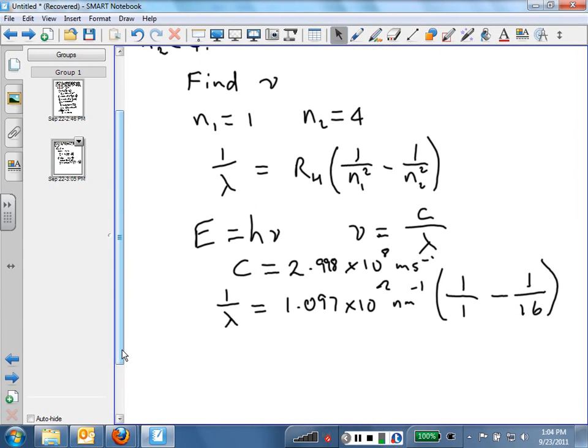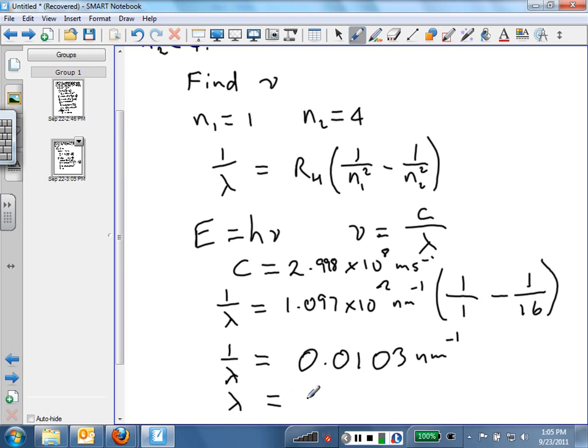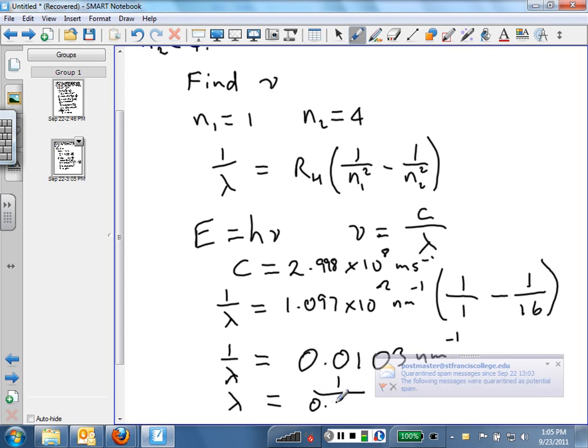Evaluating the numbers in parentheses and multiplying by 1.097 times 10 to the minus 2, we get .0103 per nanometer. So lambda is equal to the reciprocal of that.